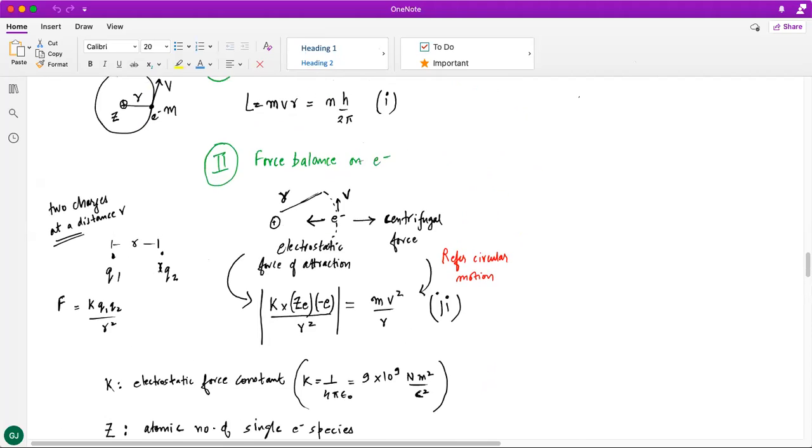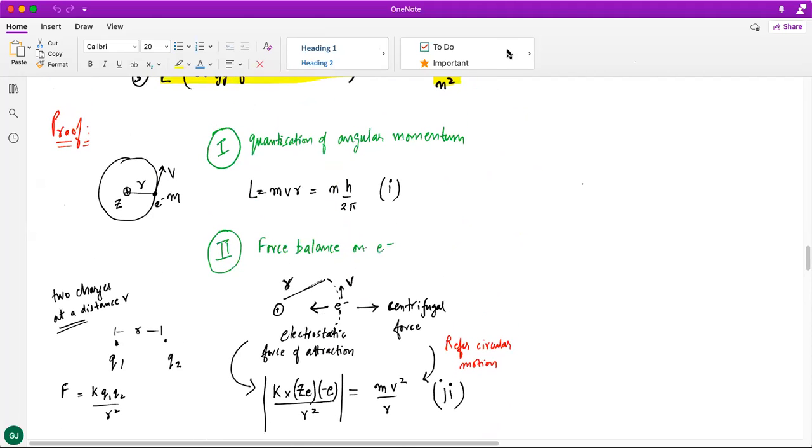While doing this derivation, like I mentioned in the last class also, there are certain concepts of physics which I am using directly. These are something which you should be following in a sequential manner. When you study circular motion and electrostatics, these concepts of angular momentum, centrifugal force, and electrostatic force of attraction come to you naturally in a sequential method.